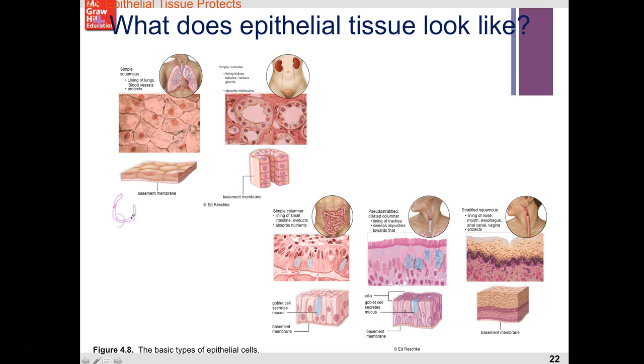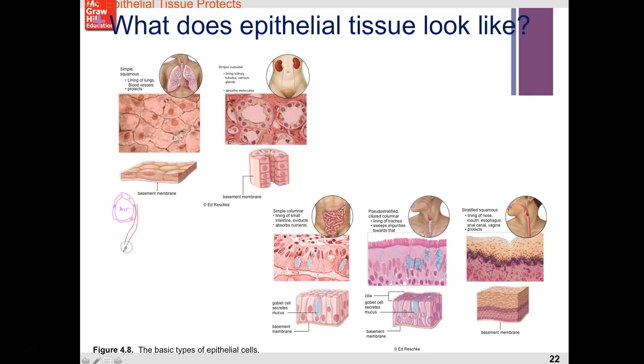Okay, here's my one layer of flat cells going all around, and in here would be the air that we breathe in, and then surrounding this air sac would be a blood vessel. So here's my blood vessel.